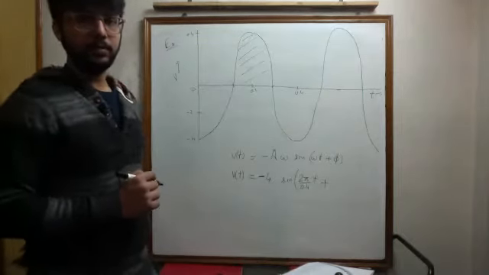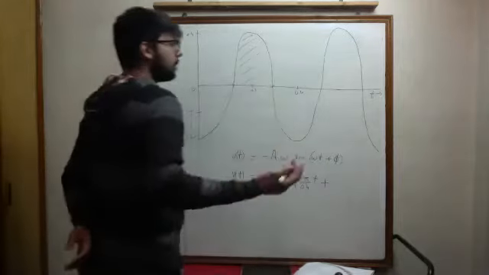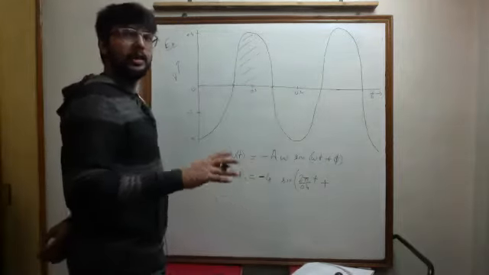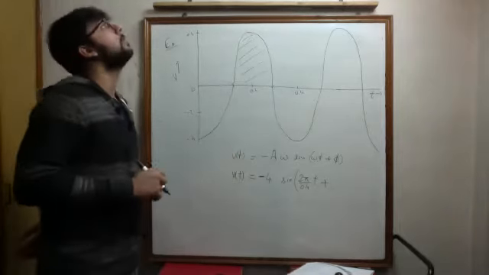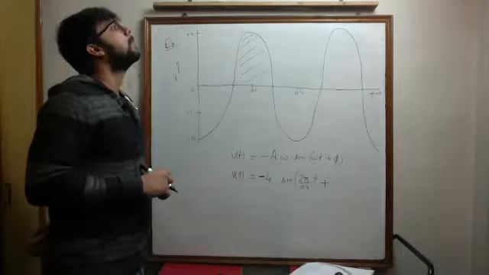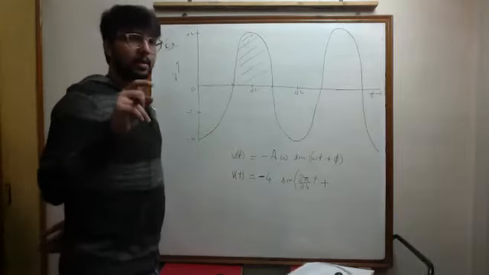It should be minus pi by 2, right? It could be minus pi by 2, it could be plus pi by 2 also. Either way, it will be +1 only. But minus pi by 2 will be -1.